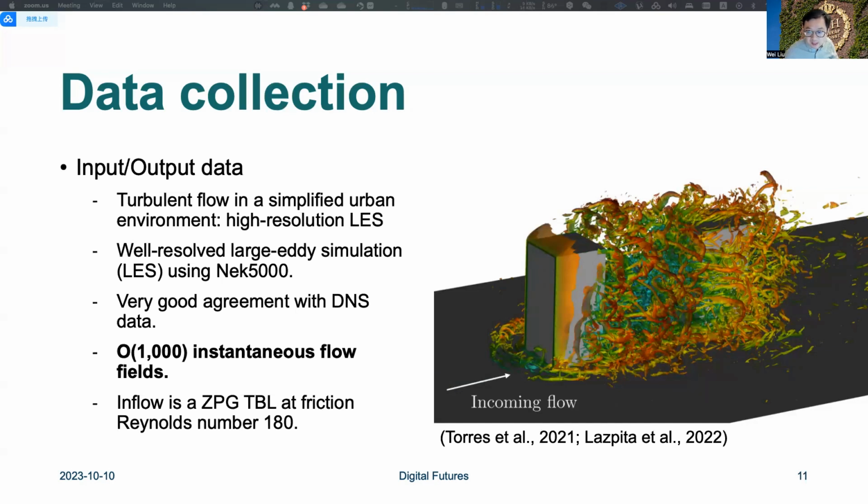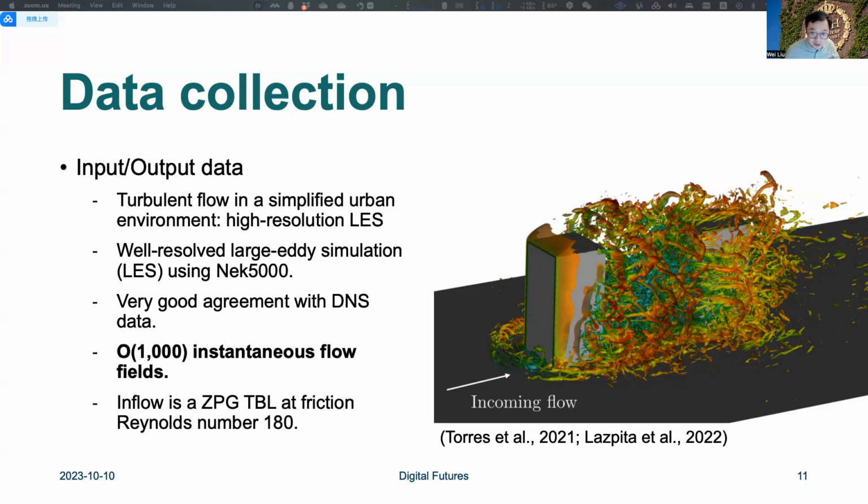This study used like 205,000 elements to discretize the domain, and there is a total of 105 million grid points. This model is simulated by a well-resolved LES, and it has a good agreement with the DNS data.